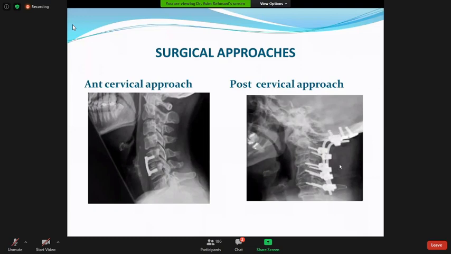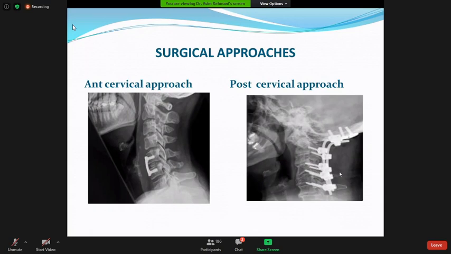This fixation is termed occipito-cervical fixation because we have involved two parts of the skeleton, the occiput and the cervical spine.